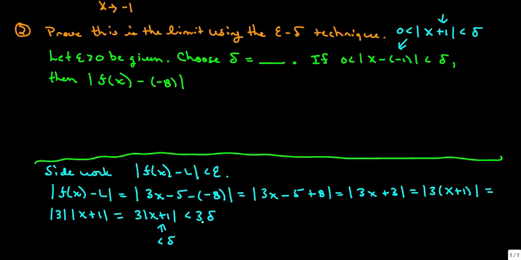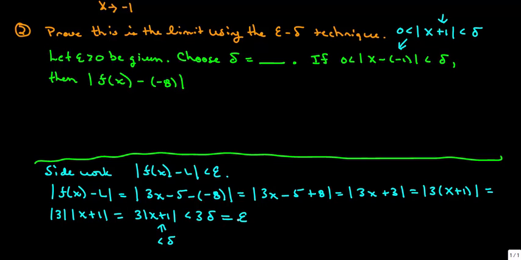Now I want this to be equal to epsilon. I want it to be equal to epsilon, because if this is equal to epsilon, then f of x minus L, as I carry through, is less than epsilon. So I take this last thing right here and set it equal to epsilon.